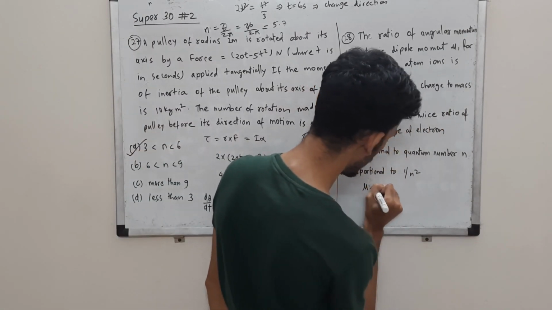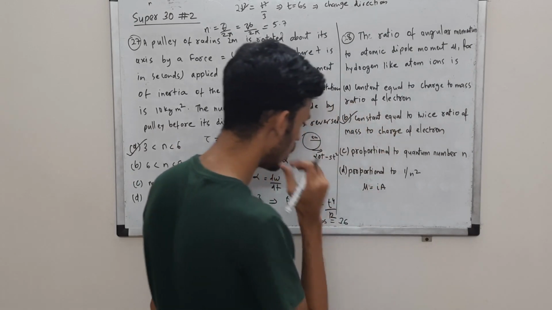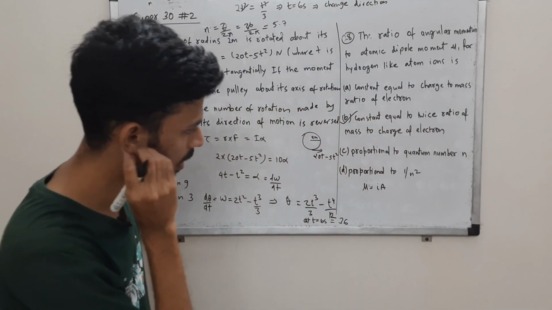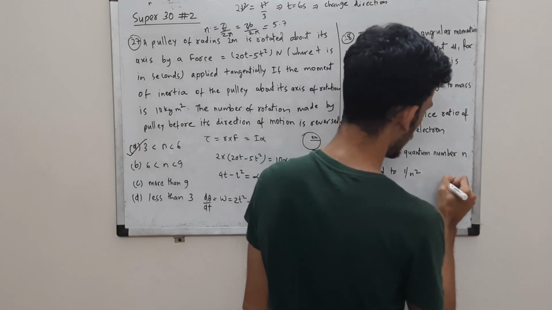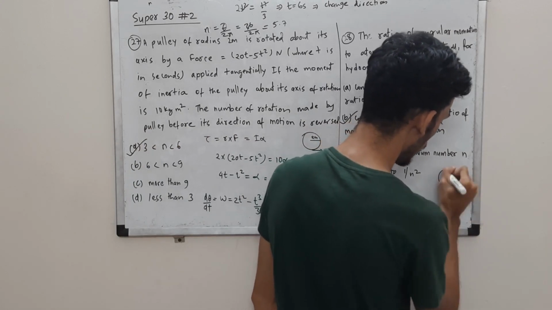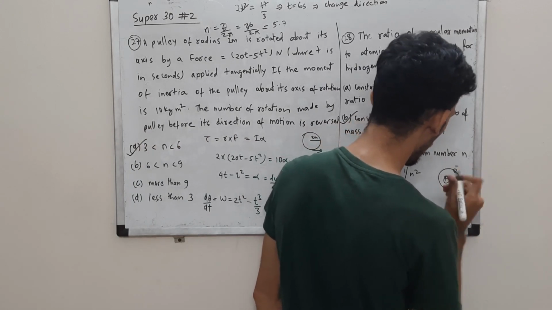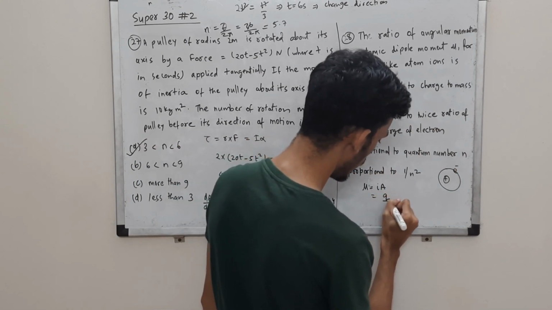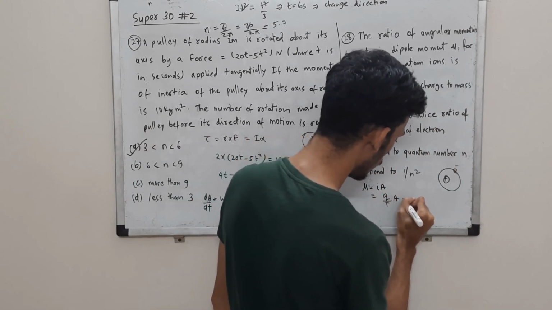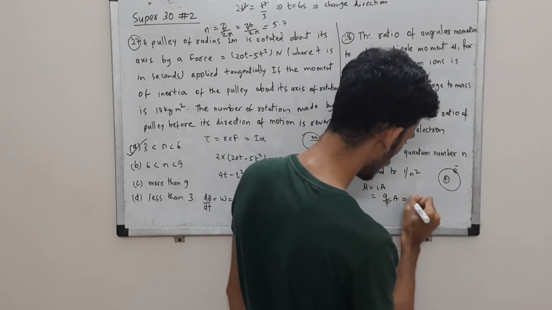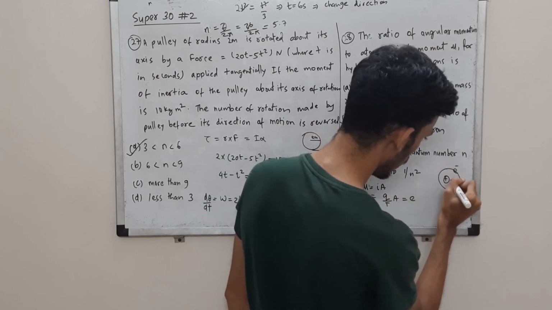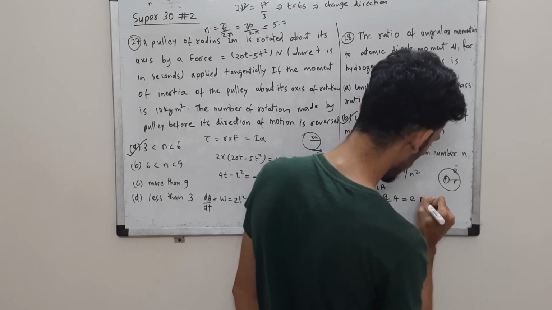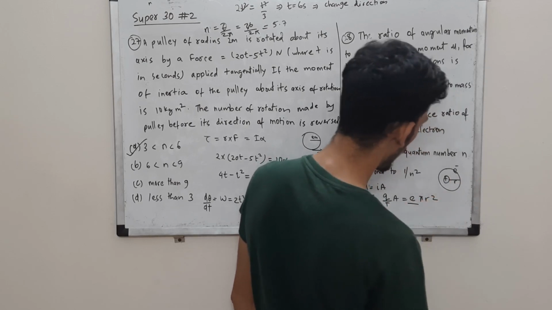So dipole moment is IA, right? Mu is equal to IA, current times area. Now this current is due to the revolving electron around your nucleus. So this current is Q by T, where Q is the electron charge. If suppose this radius is r, then area will be pi r square. Now what will be the time?